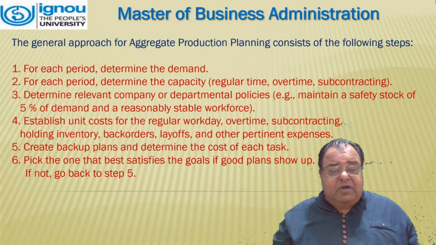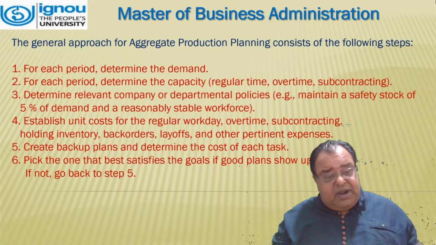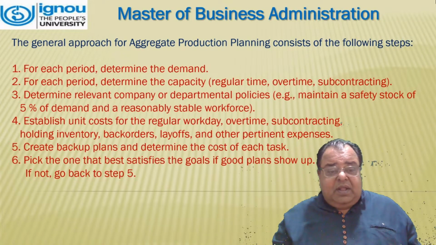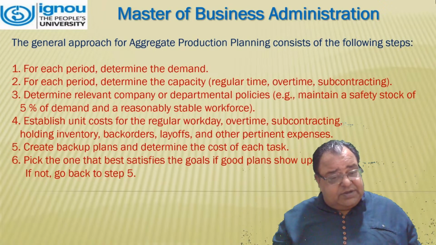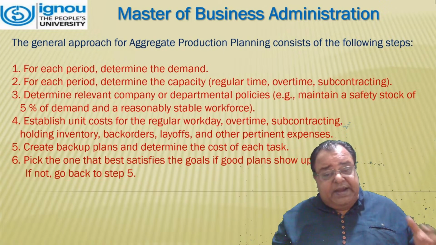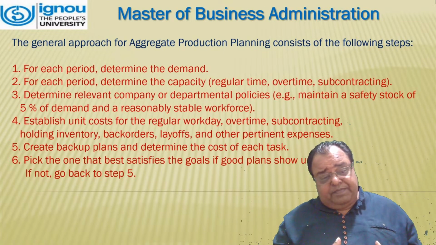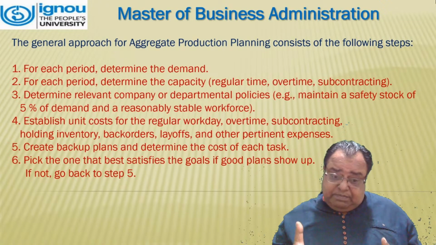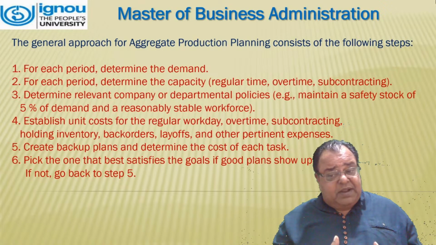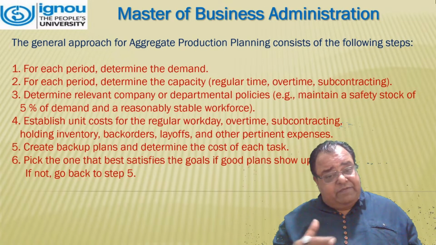Establish unit costs for the regular workday, overtime, subcontracting, holding inventory, back orders, layoffs, and other pertinent expenses. Create alternative plans and determine the cost of each. Pick the one that best satisfies the goals. If a good plan shows up, fine. If not, we have to go back to step number 5 and execute it again.